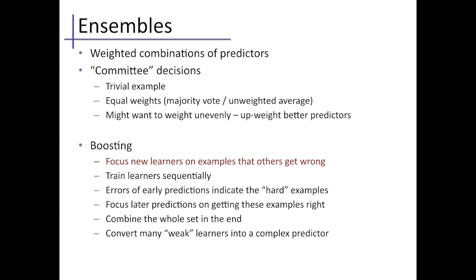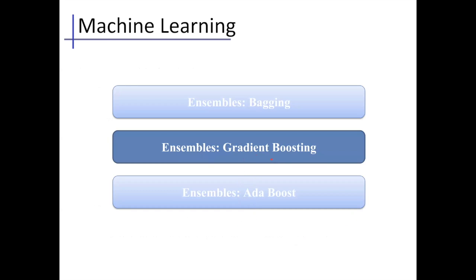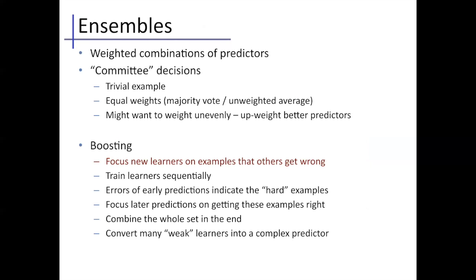This is very different from random forest or other bagging methodologies, because bagging doesn't care about the sample; every time it's a random sample. But these two methods, gradient boosting and AdaBoost, are based on the boosting methodology. In boosting, essentially you focus your model on making predictions on hard examples, those the other models didn't do very well on.